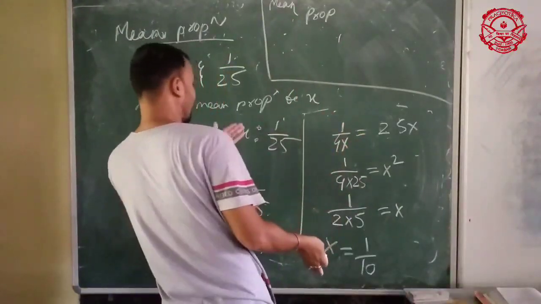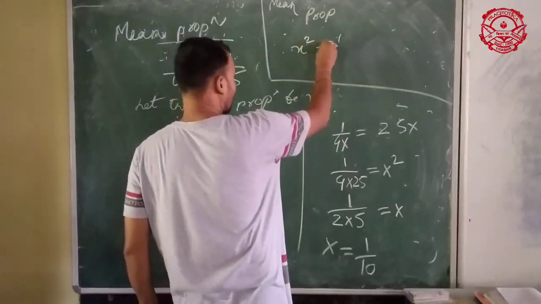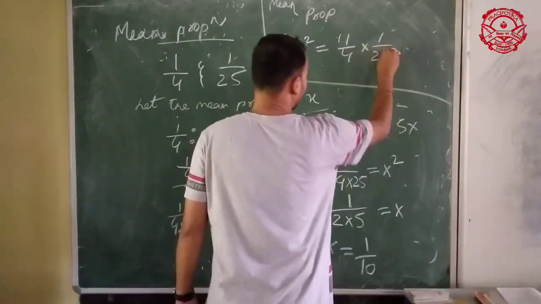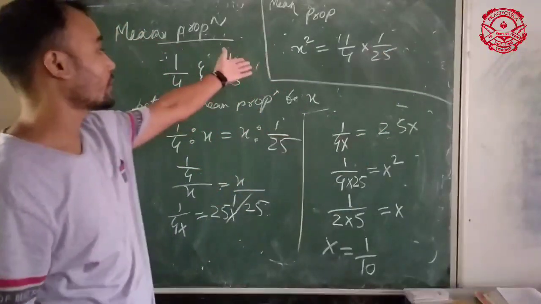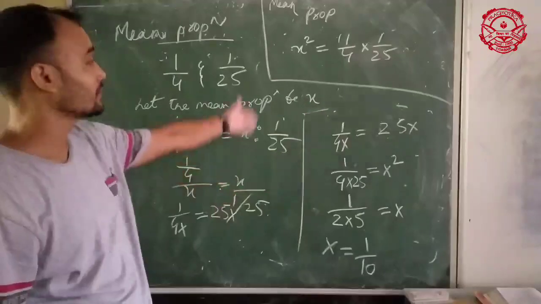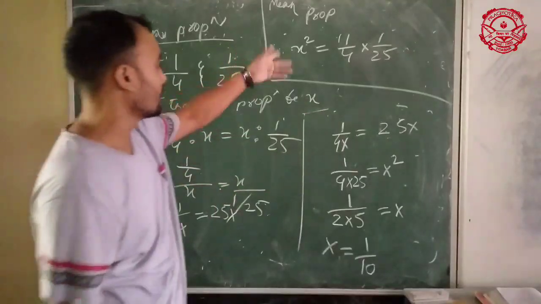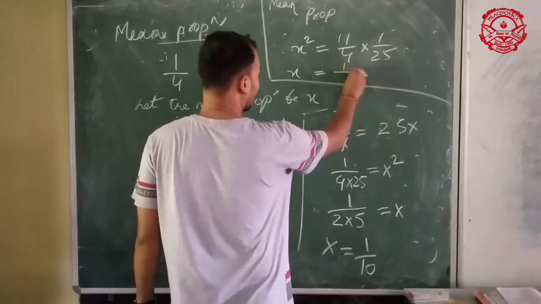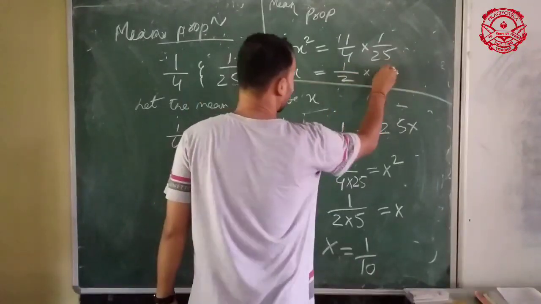Here we are considering it to be x, so directly put x square equal to 1 by 4 into 1 by 25. I think this will be the shortest way. Instead of following this traditional method, you can do it directly. Now you calculate the value of x equal to what? 1 by 2 into 1 by 5.